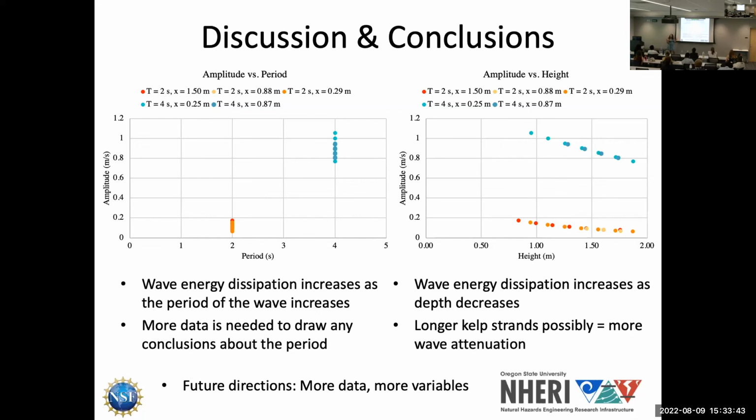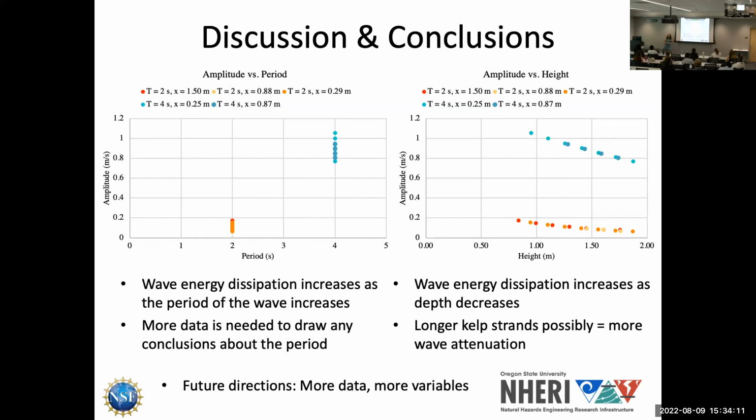The other variable that was changed is the period. We can't draw any real conclusions from this because I was only able to test 2 periods, so I only have 2 data points. For these 2 data points, there appears to be a positive correlation between wave energy dissipation and period. But that does not suggest we should expect a positive correlation throughout.